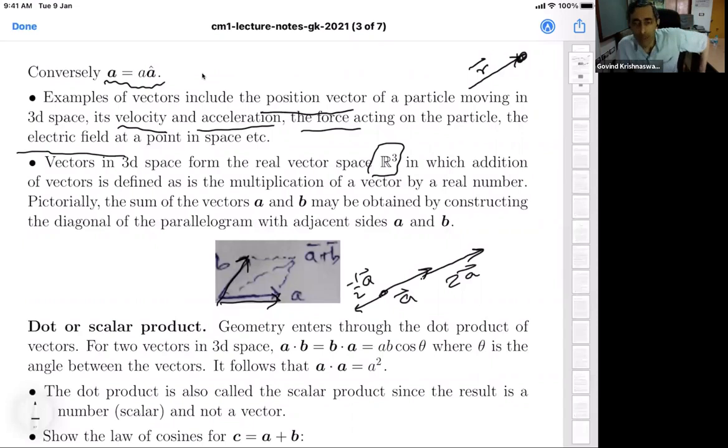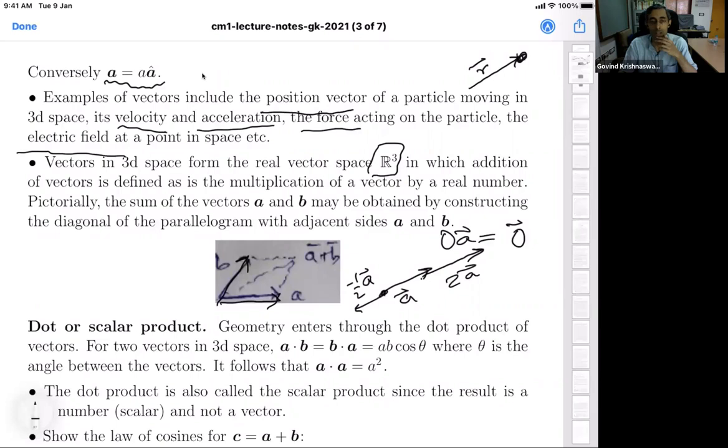And it need not be multiplication by rational numbers. You can multiply it by pi if you like, or √2. You're also welcome to multiply a vector by 0. You'll get the 0 vector. So the 0 vector is also available. So 0 times A will give you the 0 vector, which is simply located at the origin.